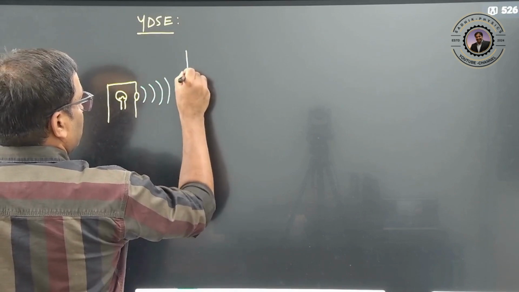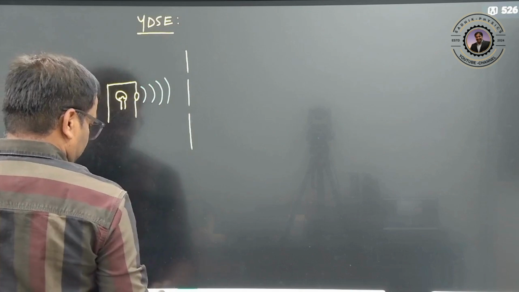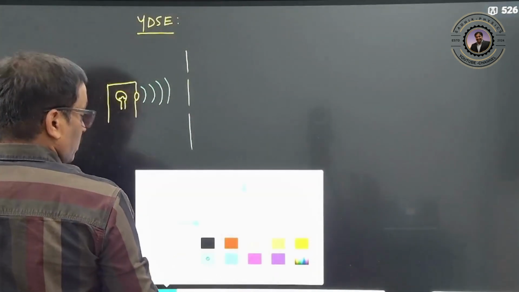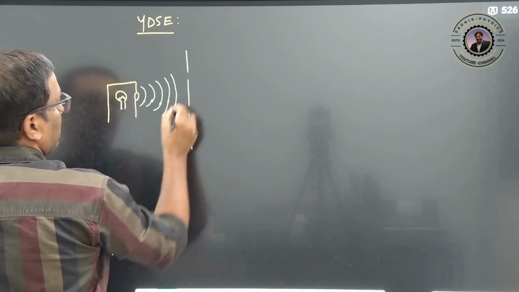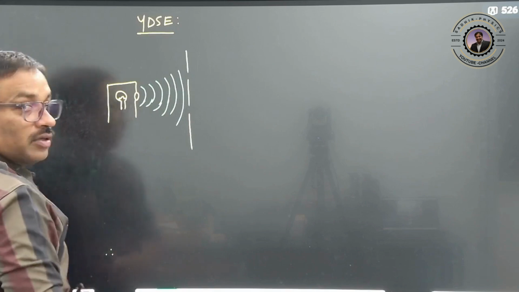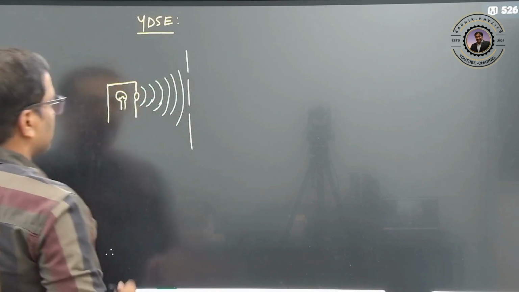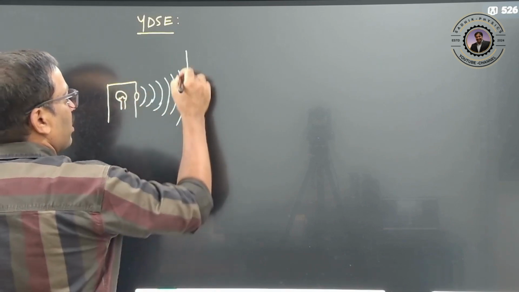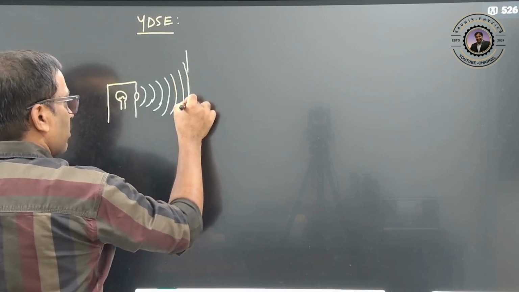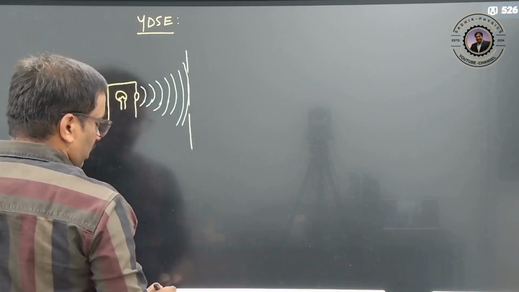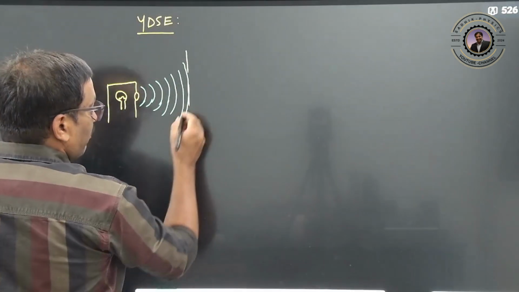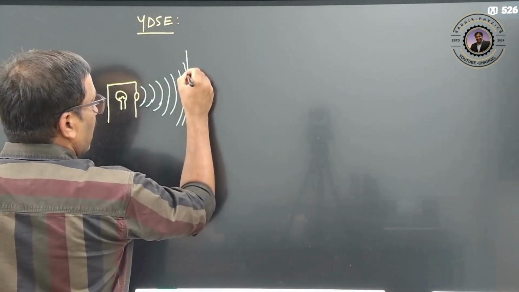Here there is one slit, and here also another slit. How does Huygens explain this? See, one spherical wavefront is coming and falls onto this. You know what Huygens said: each and every point on the wavefront acts like a secondary source.